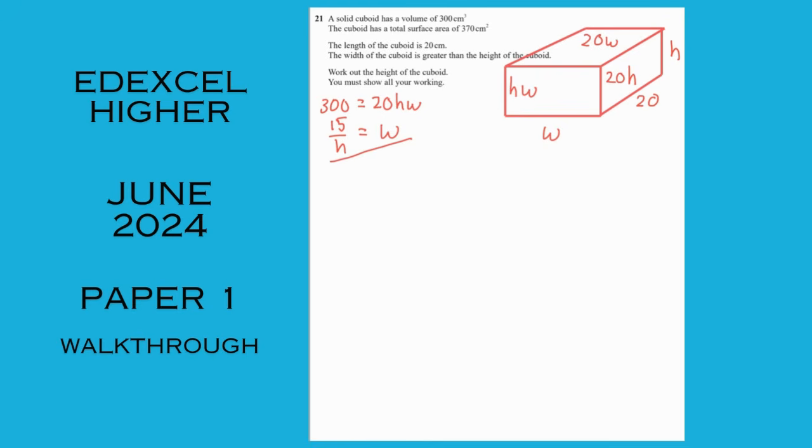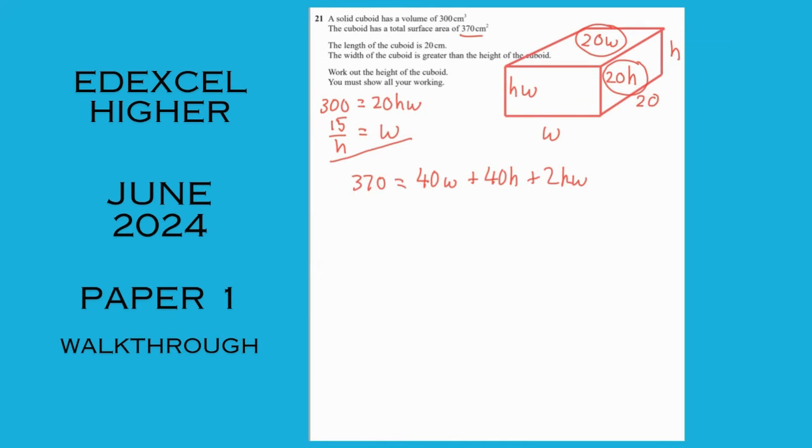We can now move on to the second bit in terms of the 370 for the total surface area. So for the total surface area of 370, we can basically double and add all the other sides, double the top, double the right, double the front. But we're going posh with simultaneous equations.